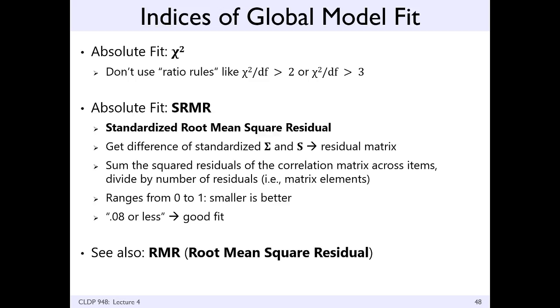Here's a tip. In these names, any name for a fit index that has the word error or residual in it, you want to be little. You want to minimize error or residual. So a cutoff that's used, 0.08-ish or less, would be an indicator of a well-fitting model, that the average correlation is only off by 0.08.